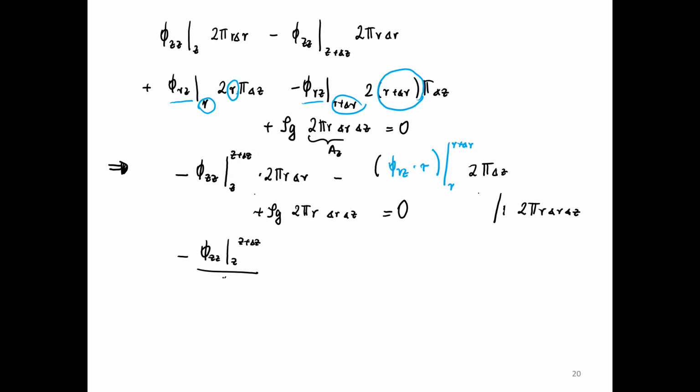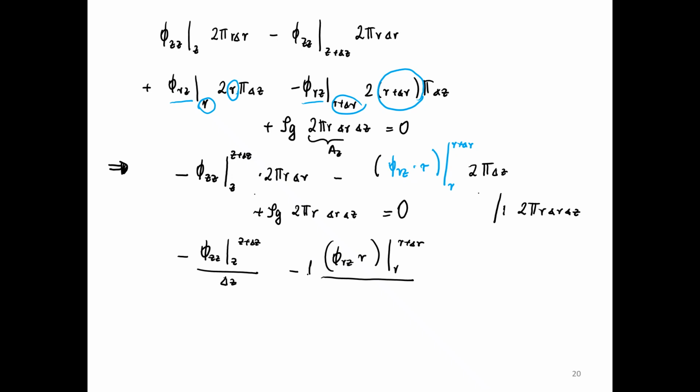Delta Z. Minus phi_RZ times R at R plus delta R divided by R delta R, right?